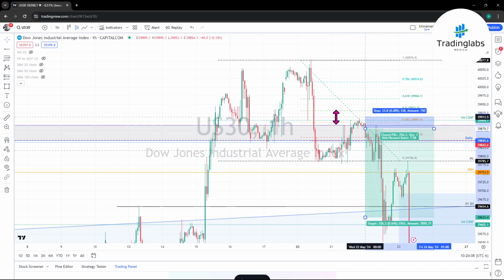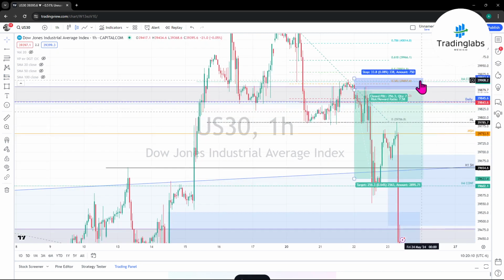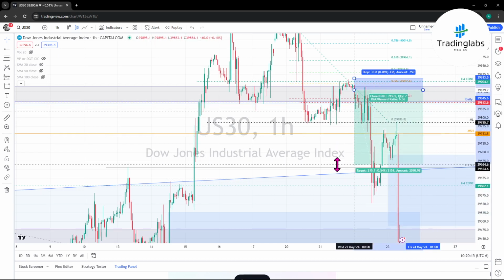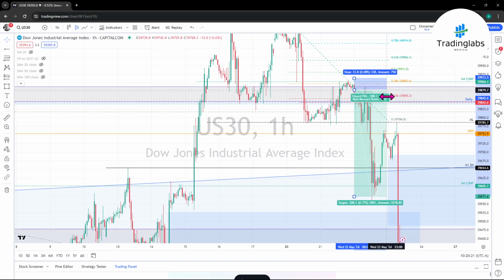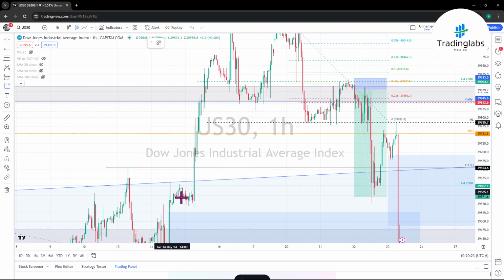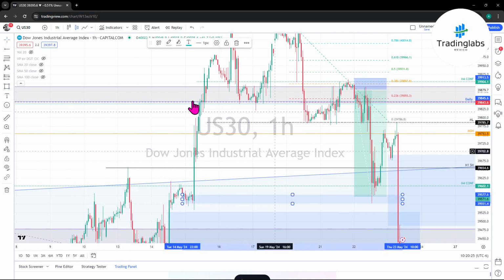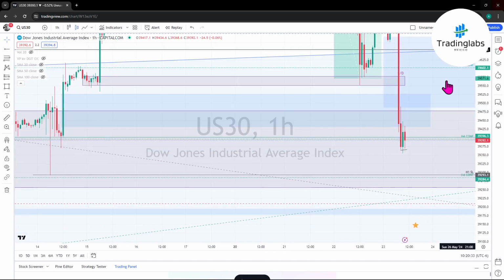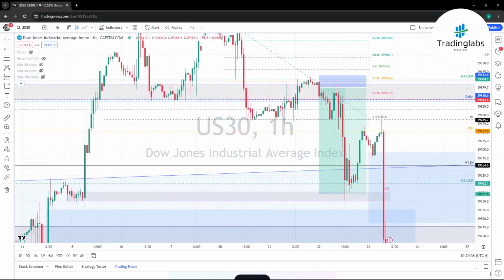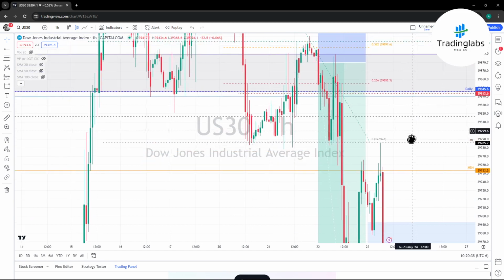Yesterday I entered my short here. My stop loss was over here, and this was my target, because we have a demand zone here, right? But the market closed me at break even yesterday. I was so pissed off.